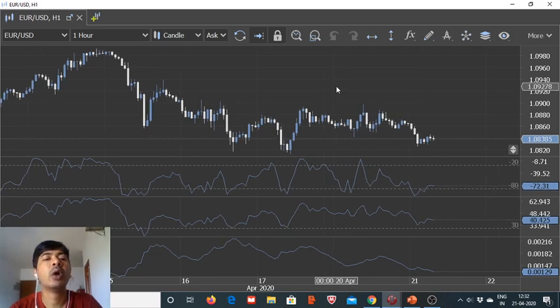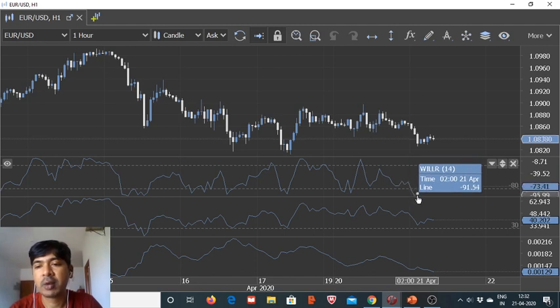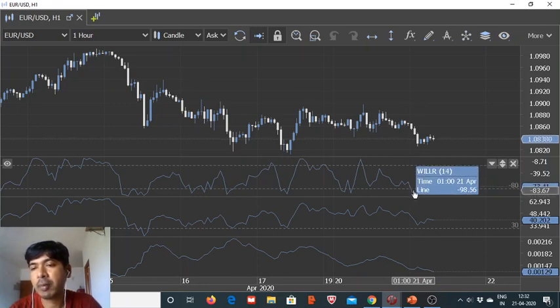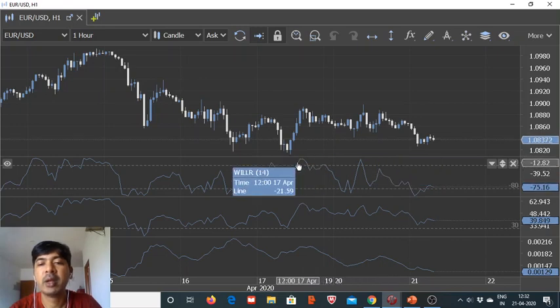So what we do, we look for the Williams R values. We have defined that Williams R's value of the 3 hours back candle should be below minus 80 for a buy trade, and for a sell trade it should be above minus 20.